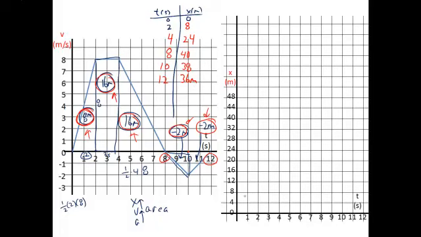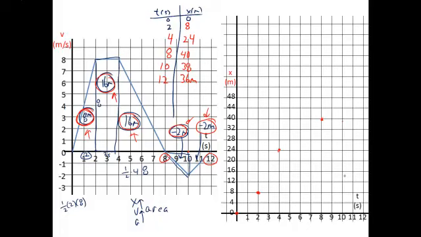So in my graph, at 0, I'm down here at 0. At 2, I'm at 8. At 4, I'm at 24. At 8, I'm at 40. At 10, I'm at 38, so somewhere around there, I guess.